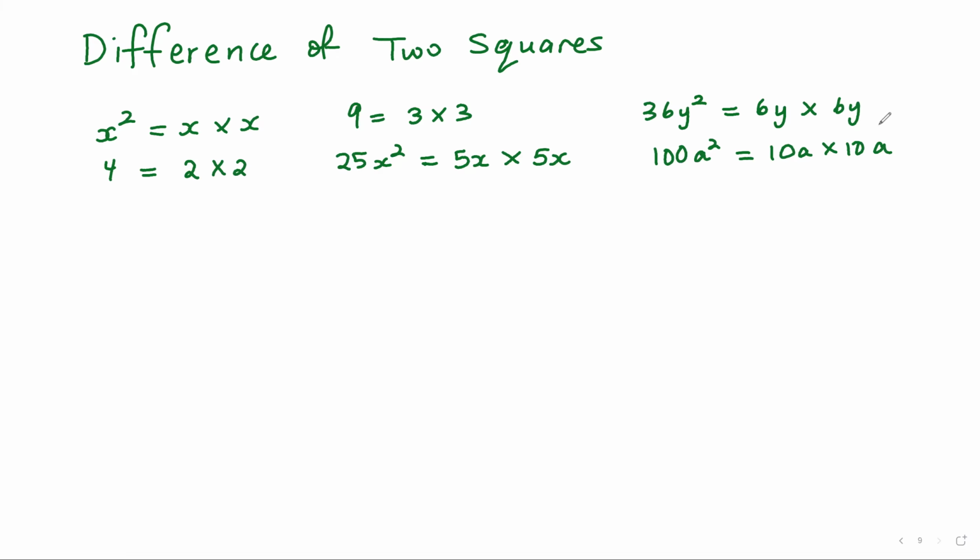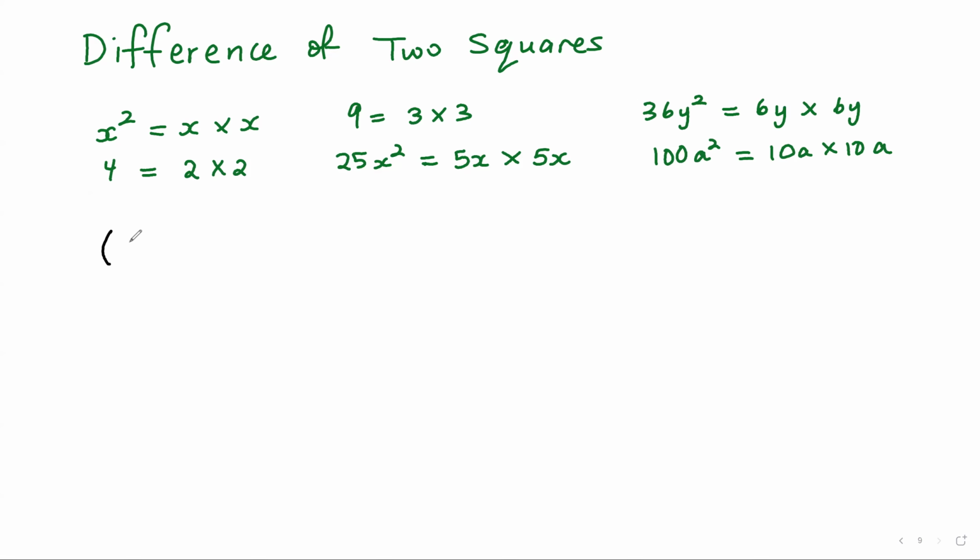All right. So a difference of squares, the factorization, would look like this. The product of two brackets where you have the same terms but interchanged signs.